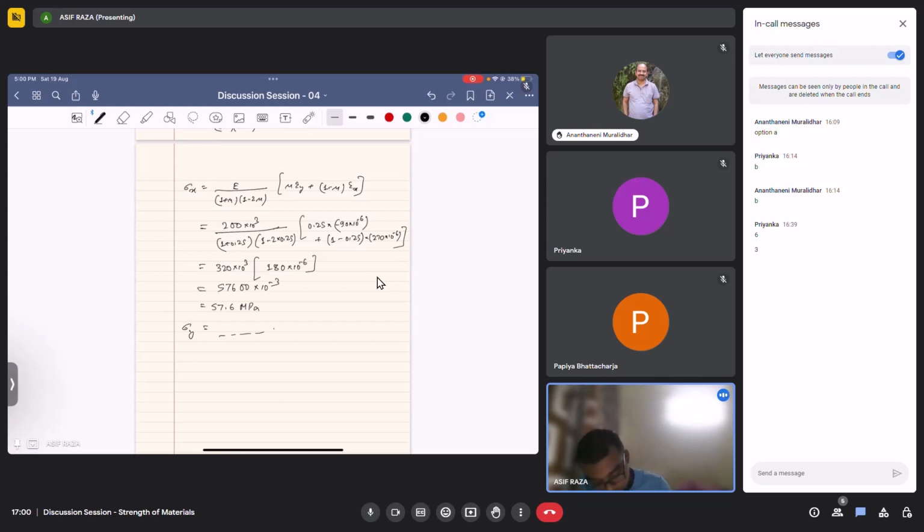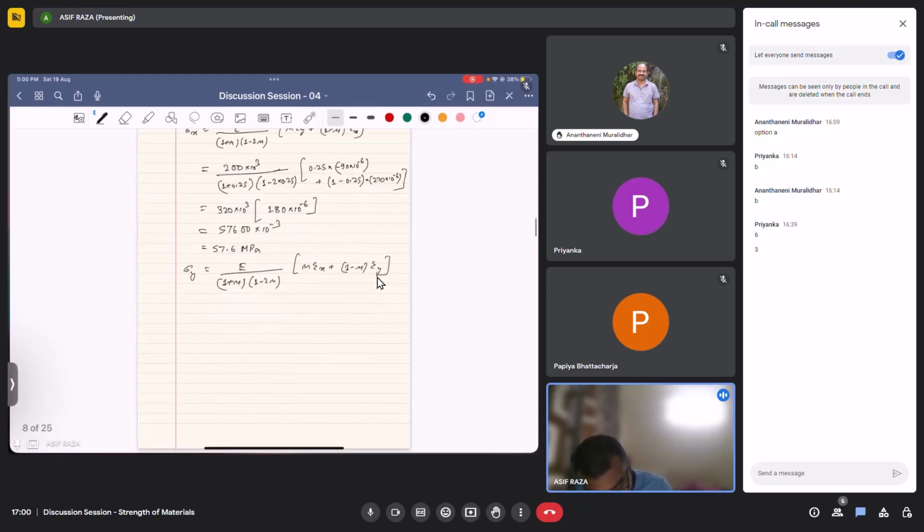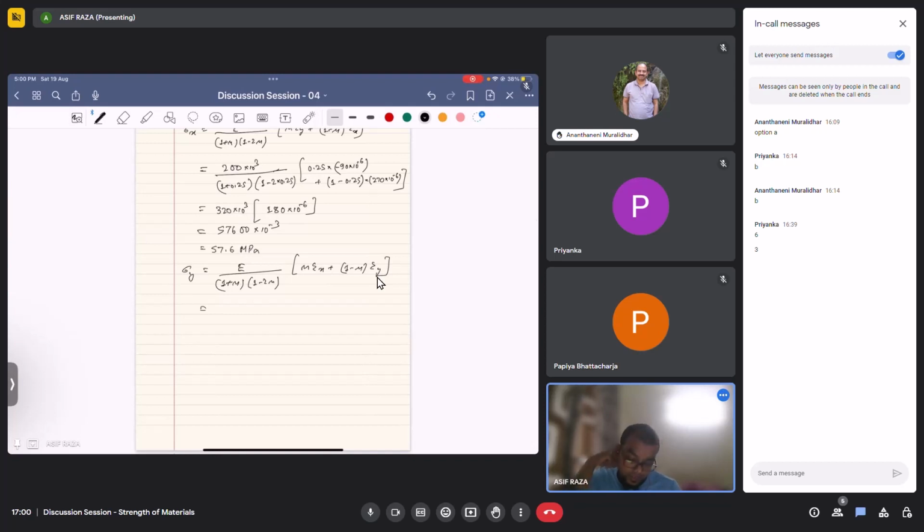Let me solve it here too. Sigma y would be equal to E over (1 plus mu)(1 minus 2 mu) times [mu epsilon x plus (1 minus mu) epsilon y], which is 320 into 10 to the power 3 times [0.25 into 270 into 10 to the minus 6 plus 0.75 into minus 90 into 10 to the minus 6].